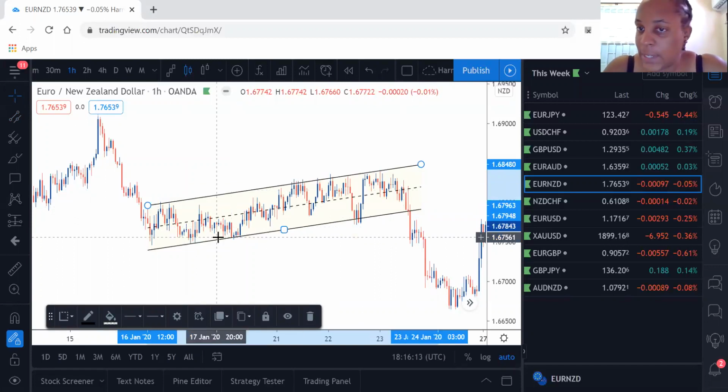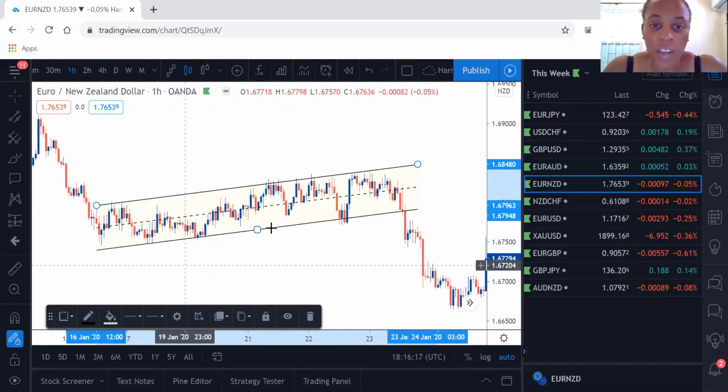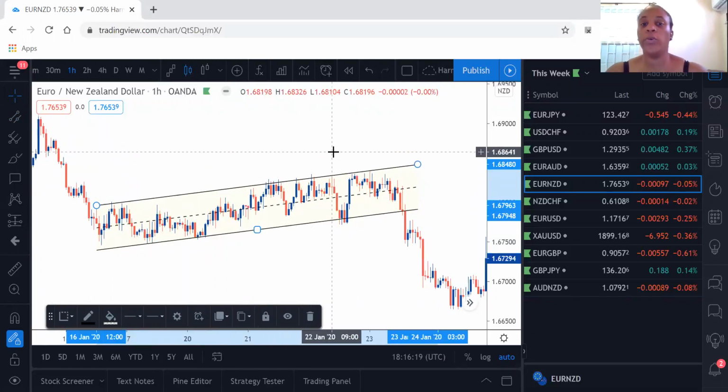Good. All right. Now, looking at the channel, we are going to get in based on 2 letters in the alphabet. This is an ascending channel, so we will be looking for an M pattern.